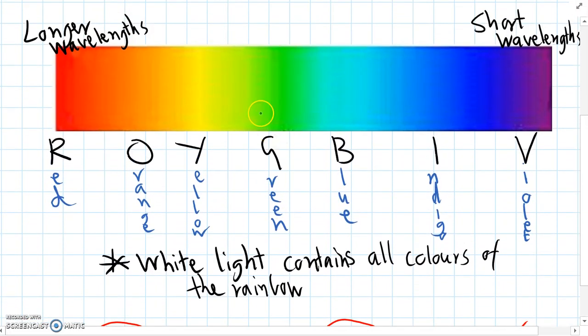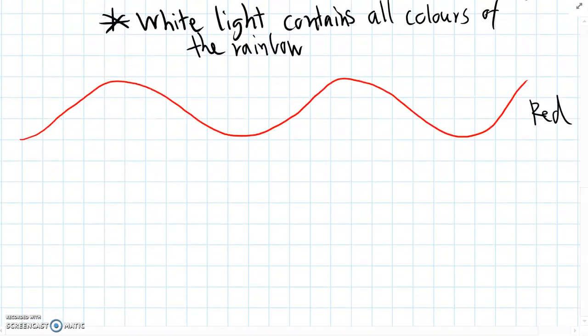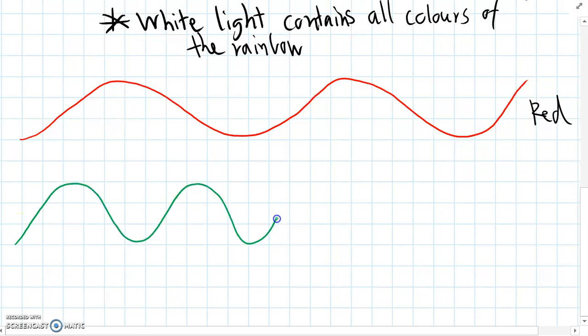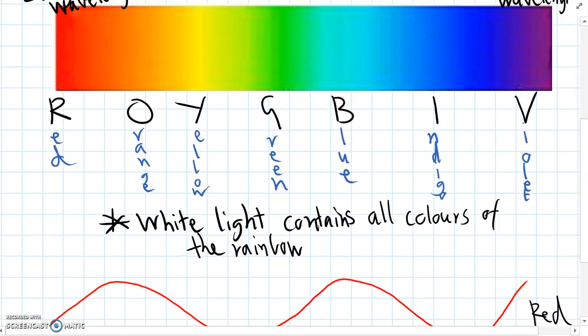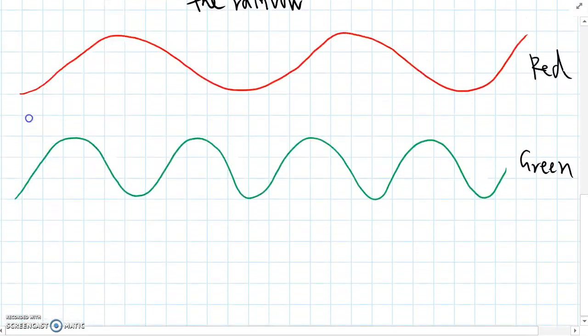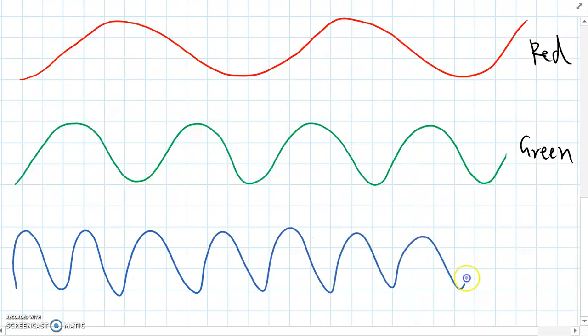And green light in the middle, that has an average wavelength, so a little bit shorter. So green's in the middle, and then dark blue or violet, that has an even shorter wavelength again. So a blue or a violet light looks like that.